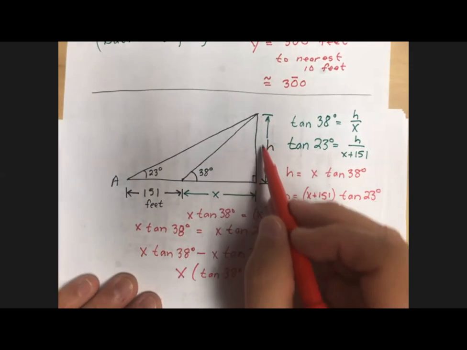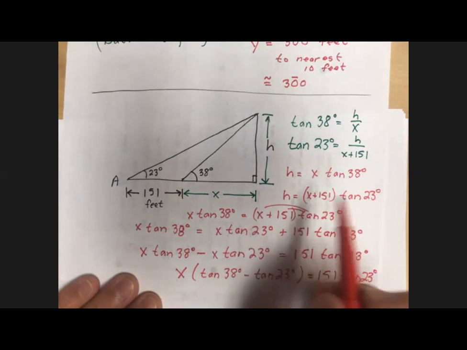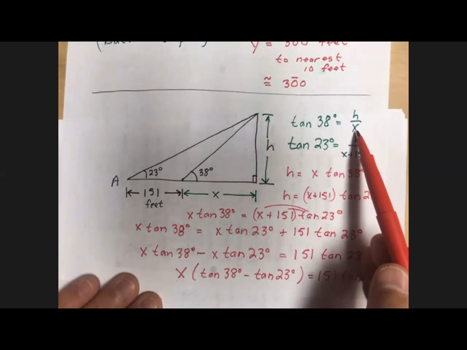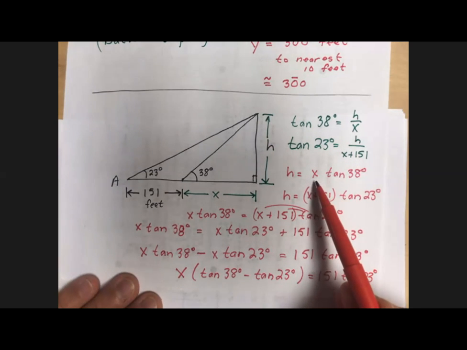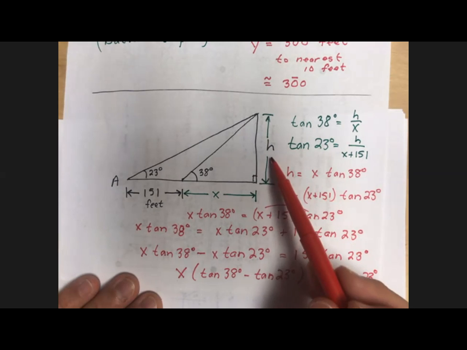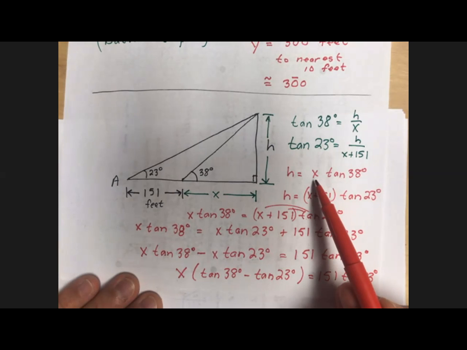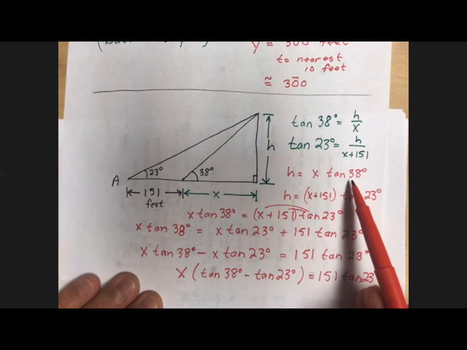But they want to know how high this building is. Now I could take that number that I just found right here. Didn't I just tell you that X is 180? Well, the problem is I told you that X is about 180. And I want to know H as good as I can. So I want to put in every single digit the calculator gave me for X and then multiply it by tan 38.